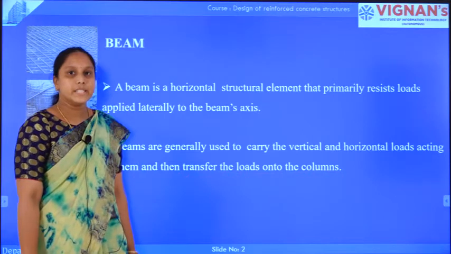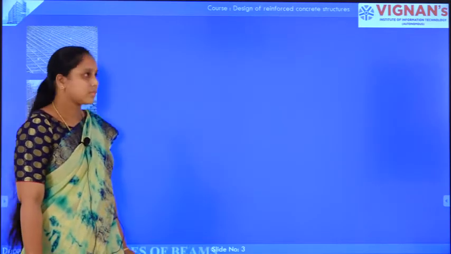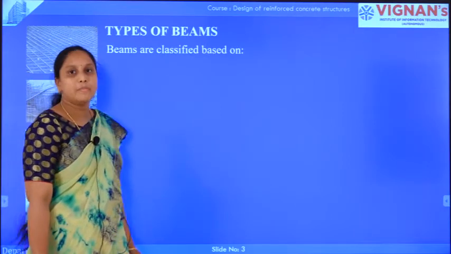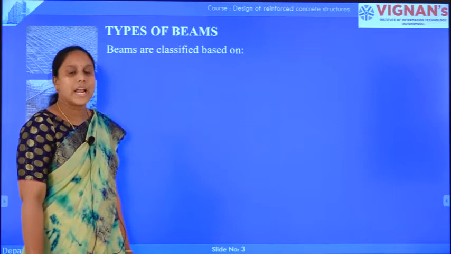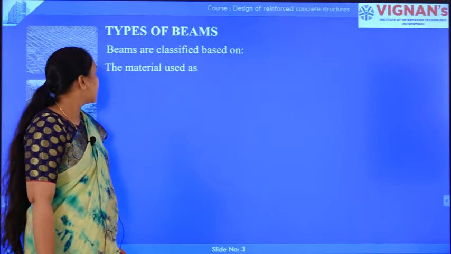Now, let us see the types of beams. The beams are classified based on, first we will see the classification based on the materials used.